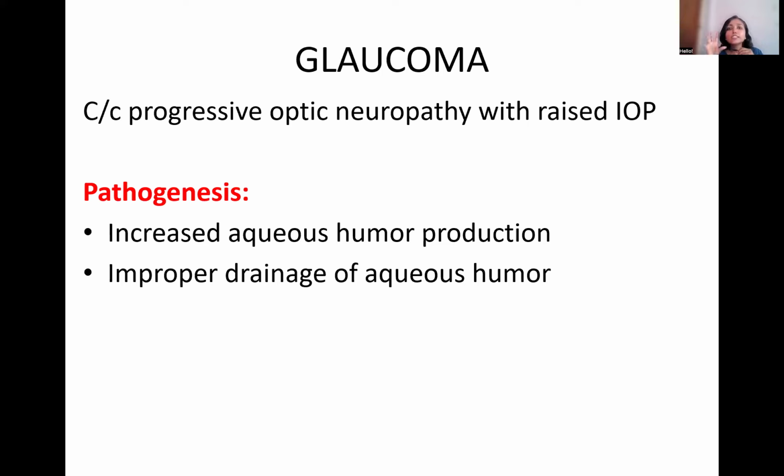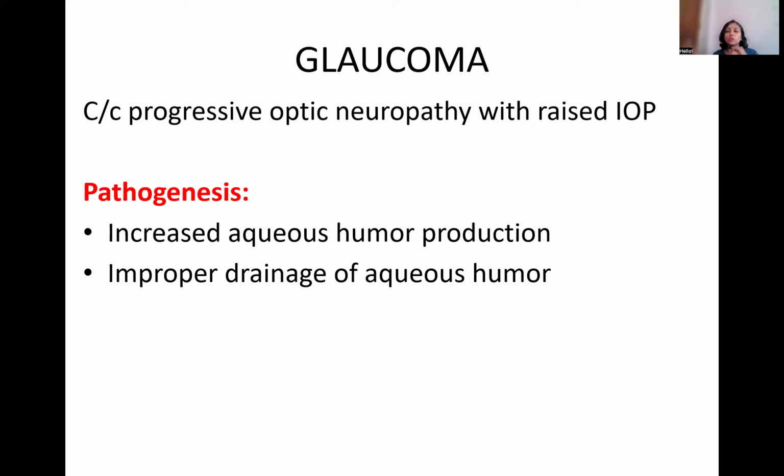The pathogenesis of glaucoma is that the IOP increases due to either increased aqueous humor production or improper or decreased drainage of aqueous humor.